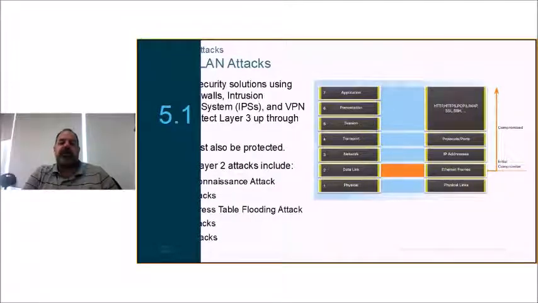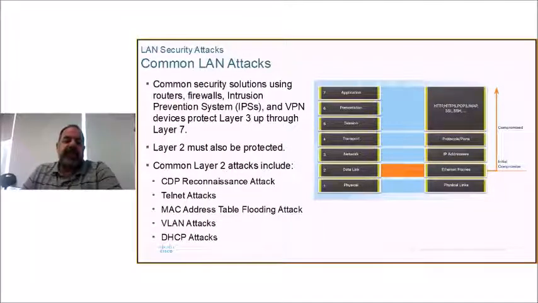So, LAN security. Common security solutions using routers, firewalls, intrusion prevention, and VPN devices protect layer 3 up through to layer 7. But of course, layer 2 must also be protected. Some of the attacks include CDP reconnaissance attacks.